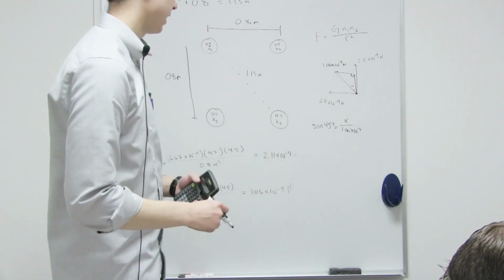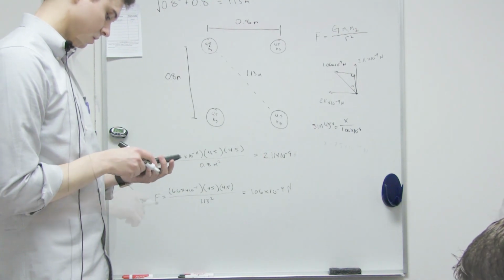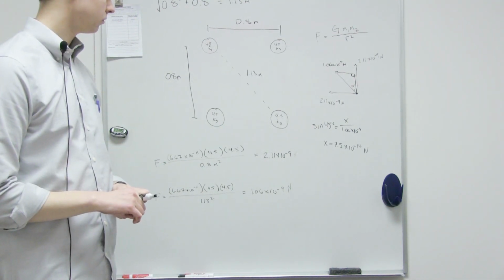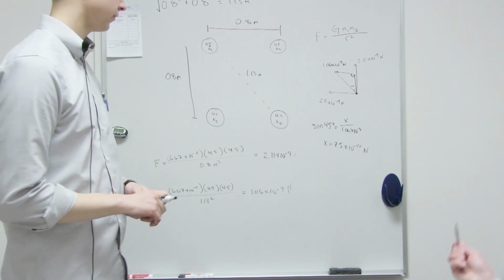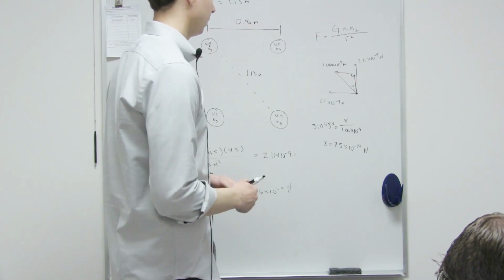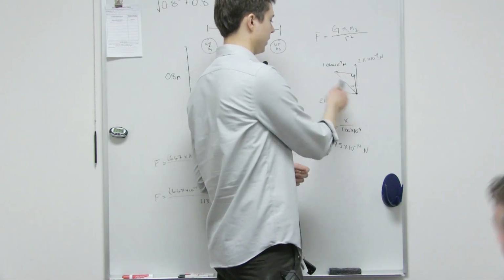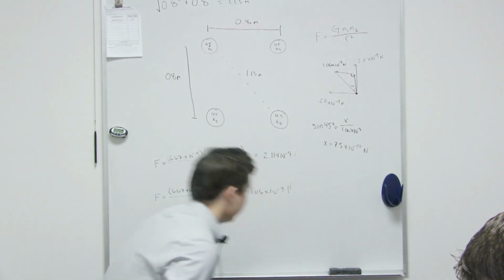So now we can algebraically just solve for that x. So you got 7.5 times 10 to the negative 10. Perfect. Good deal.